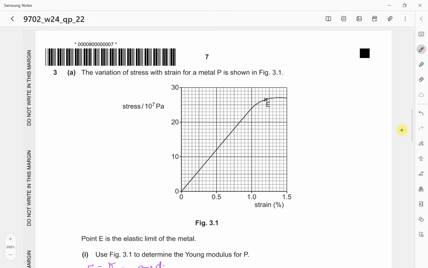So I'll just take the most clear point, for example, this point here. On the x-axis, this is 1, 2, 3, 4, 5. So this is 0.75, and on the y-axis, I think this is 18.